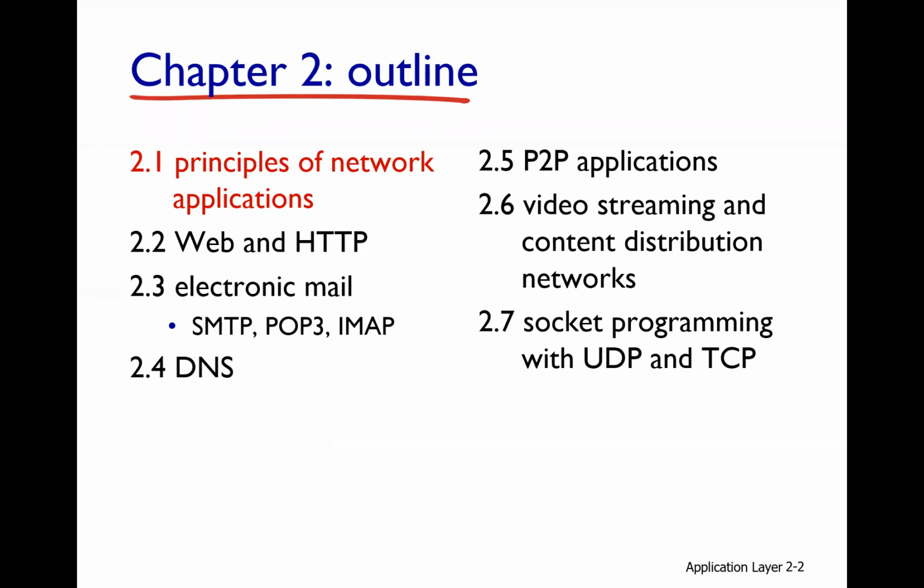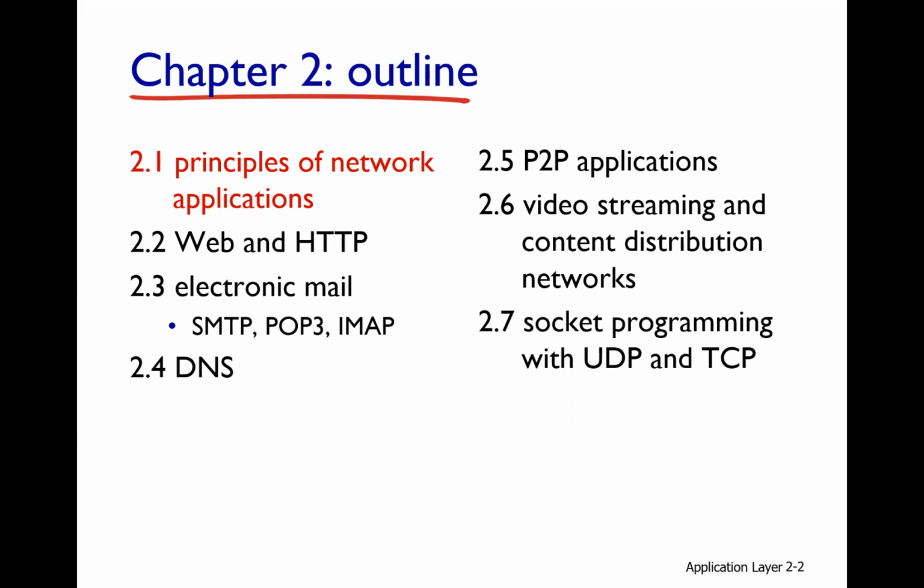All right, so chapter 2. In this chapter, we're going to talk about the concepts and implementations of our network applications. Many of you are familiar with many components of this application layer, but here we're going to provide an overview and also look into some details.